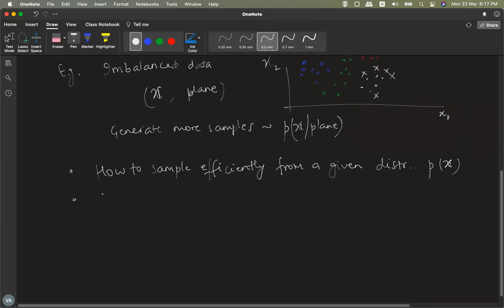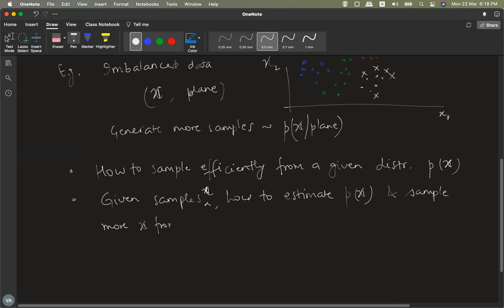Another problem is, given samples X, how to estimate P of X and sample more X from it. Okay. Can you think of some possible uses of this in real life? Can you think of some possible uses?